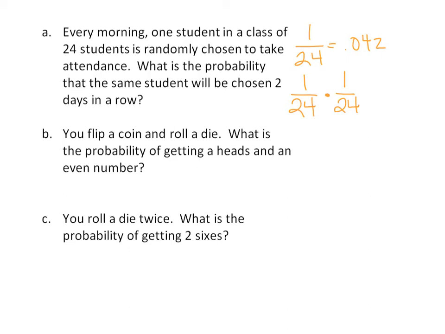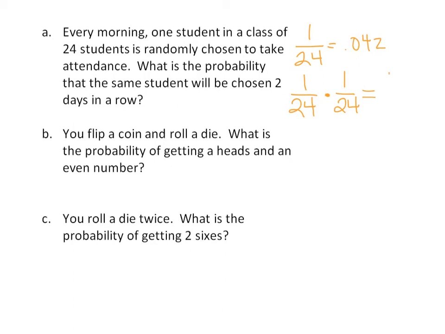Notice, these are independent events, because it doesn't say anywhere in the example that once your name is chosen, you're not going to be chosen again until everybody else goes. So you still have a 1 out of 24 chance of being chosen the second day. Remember, when we multiply fractions, we multiply the numerators and the denominators.